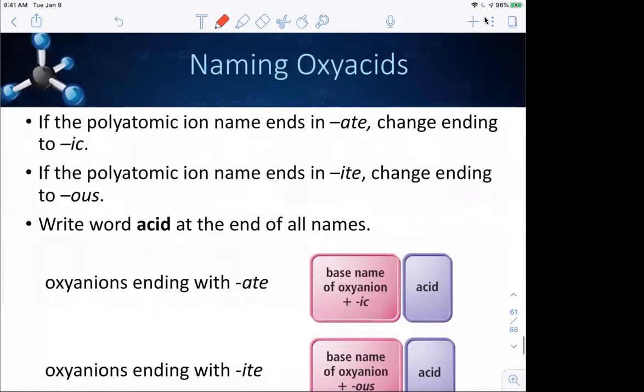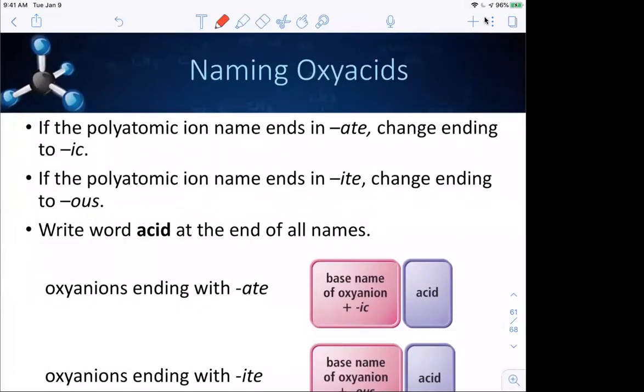Now, what about if I have those oxyacids? Remember, I have my ites and my ates. So when I look at the polyatomic, if it ends in ate, I'm going to change the ending to ic. If my polyatomic ends in ite, I'm going to change my suffix to us, O-U-S.